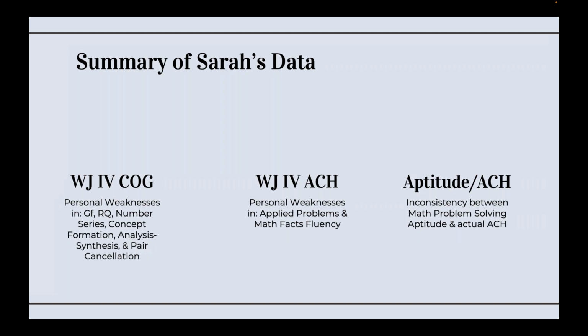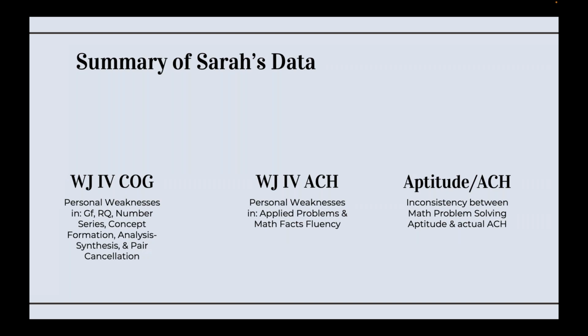In terms of the intra-achievement variations, we discussed personal weaknesses in applied problems and math facts fluency. And then in terms of the comparison procedure we just discussed, we discussed how there is clinical and statistical significance regarding the difference between her math problem solving aptitude as measured by the WJ4 COG and her actual achievement in the area of math problem solving as measured by the WJ4 achievement.